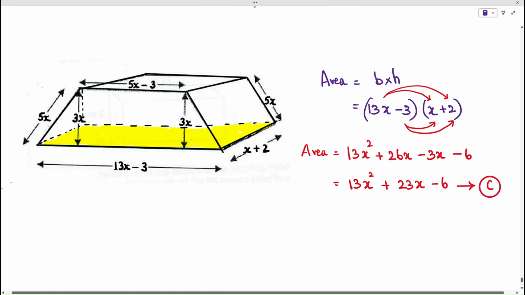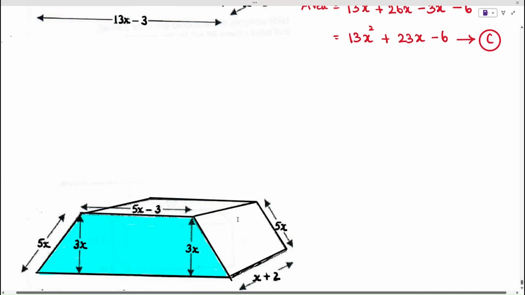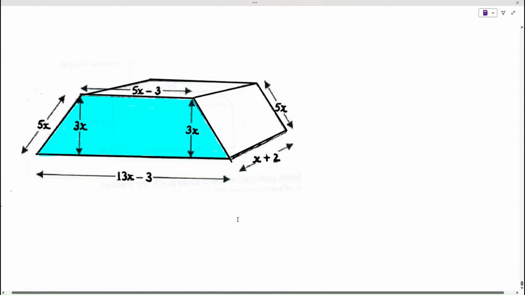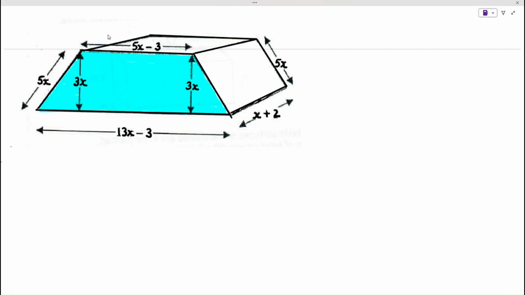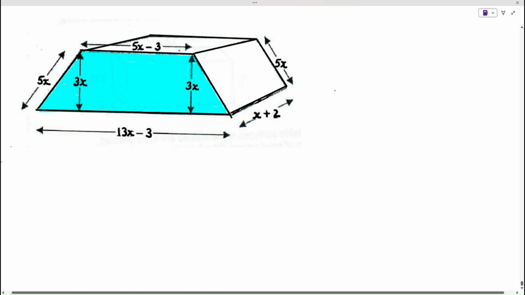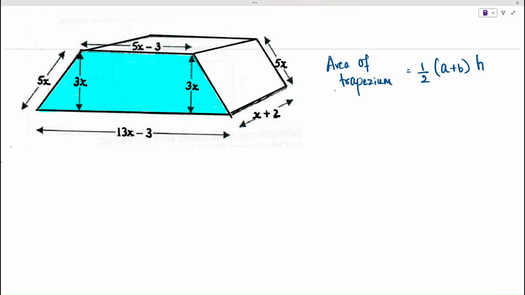And now that leaves us with our front facing side. We have the area of a trapezium here. The area of a trapezium is equal to half times A plus B multiplied by H, where A and B are the top and bottom sides.